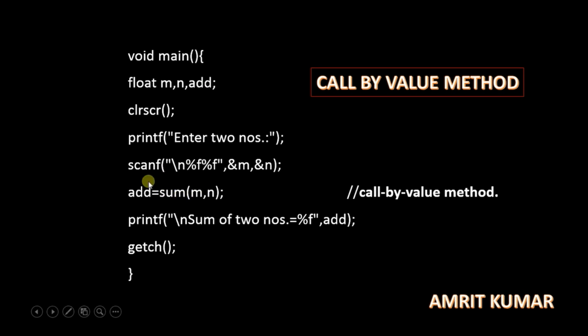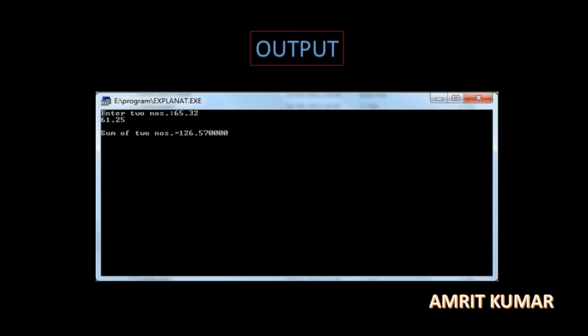So 15 is going to be assigned to this variable, that is add, and we have printed that add. So this is the concept behind using the call by value method, and this is our output when the user has entered 65.32 and 61.25, then the sum of two numbers has been displayed. This was all about the call by value method.